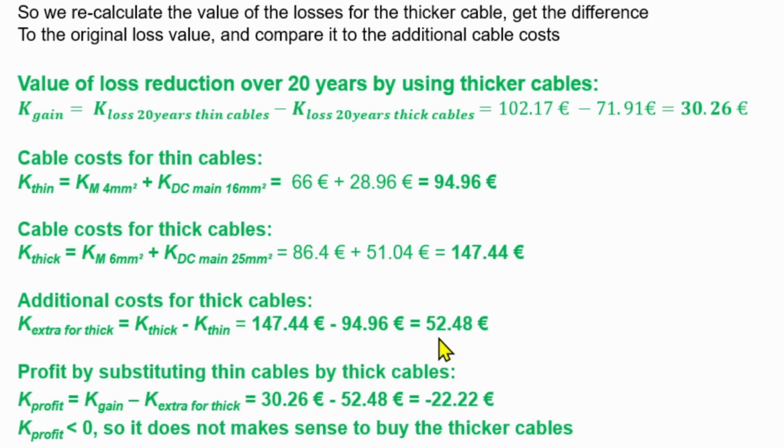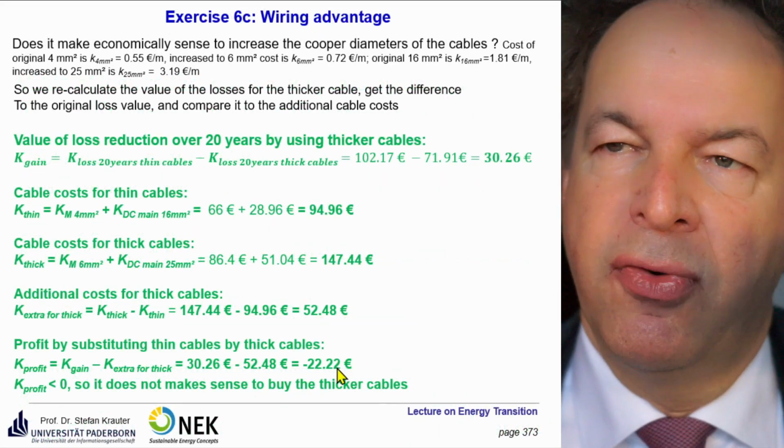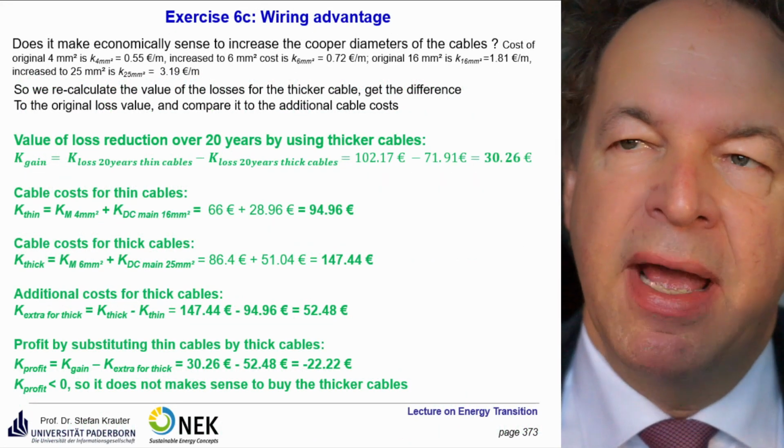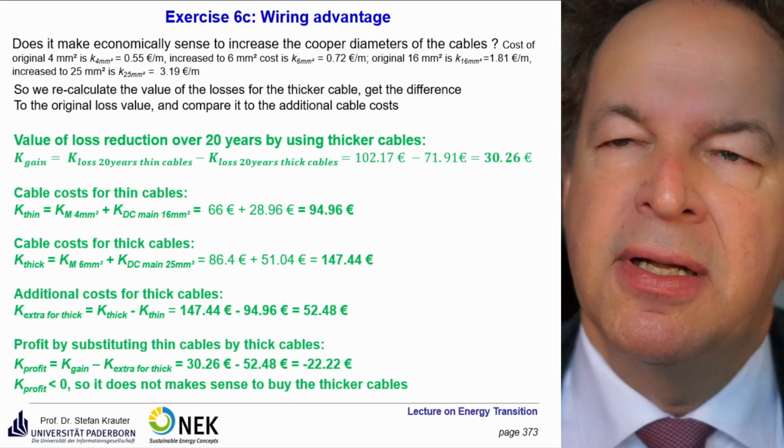Exactly, these 52.48 euros are the additional costs for the thicker cables. And if we compare that to the reduced losses, we have a monetary loss of 22.22 euros. That means it doesn't make economic sense in this case. So if you, for example, negotiate or find a supplier of cheaper cables, it could make economic sense. But that's a typical calculation.